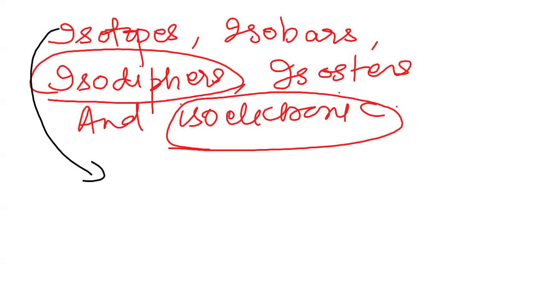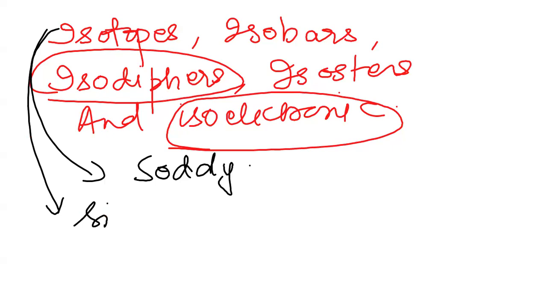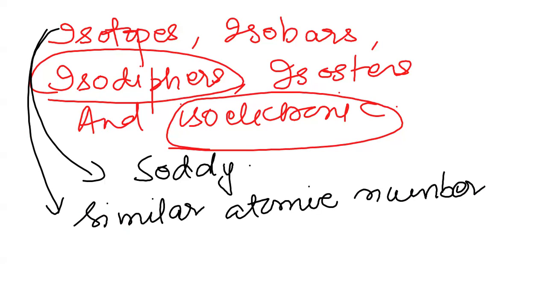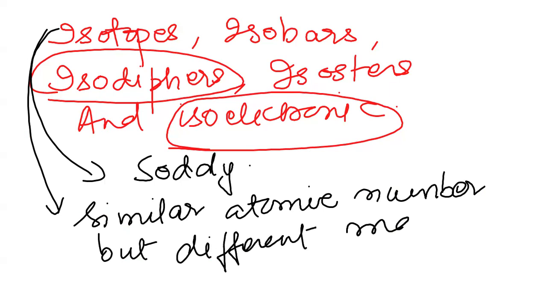So isotopes, actually, this name was given by Soddy. When different atoms of the same element have similar atomic number but different mass number, we call them isotopes.